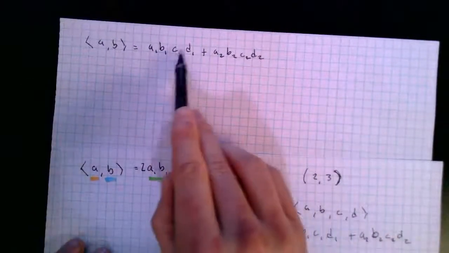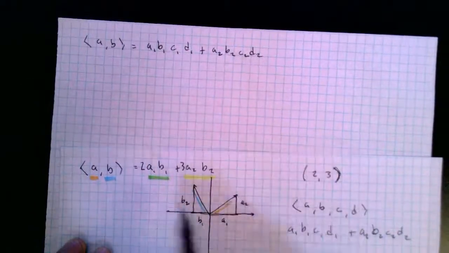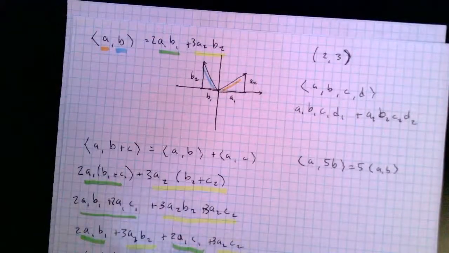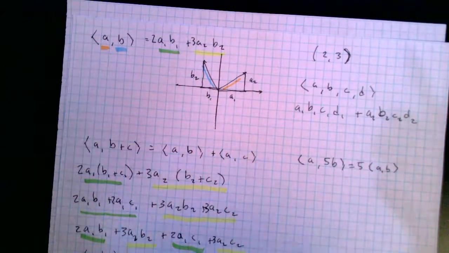And the answer is yes, because you could just treat C and D as you treated 2 and 3. So they're going to follow along here, and they're going to pop out here at the end.